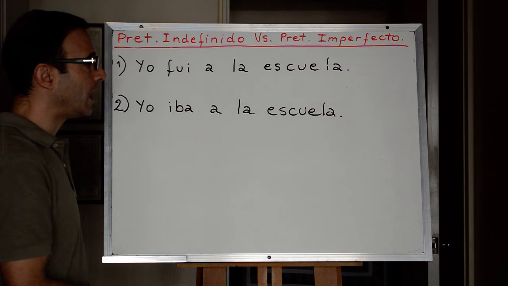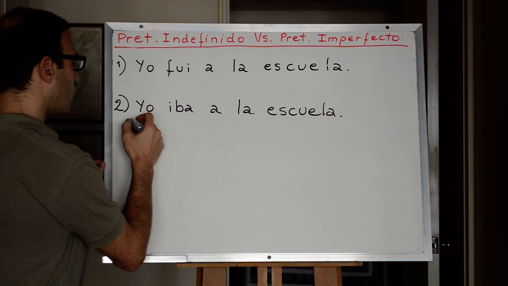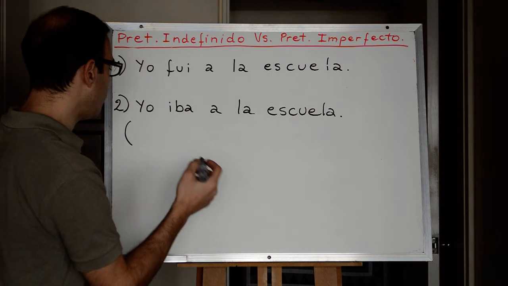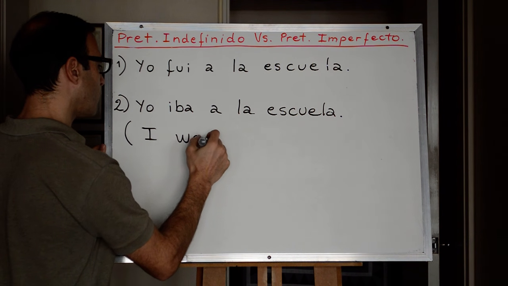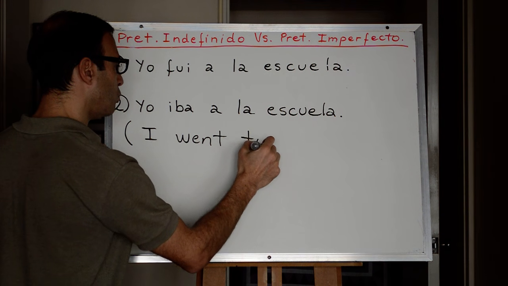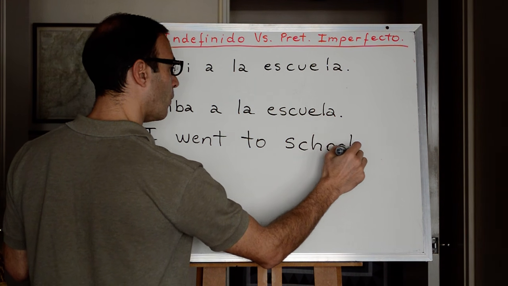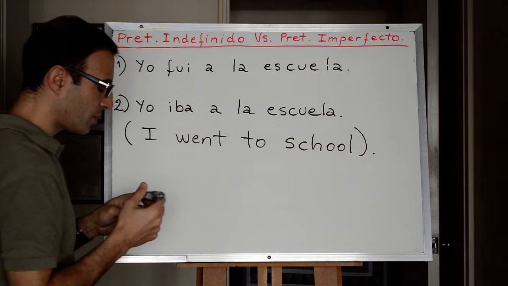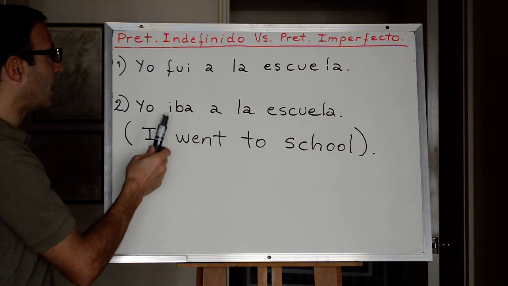Yo fui a la escuela and yo iba a la escuela. These two would translate in English as I went to school. Okay? So, I went to school in Spanish would either be yo fui a la escuela or yo iba a la escuela.